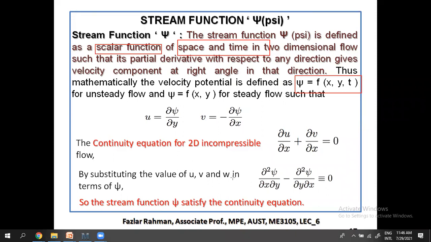So that means the stream function will be a function of either x, y, and t, or y, z, and t, or x, z, and t. And if it's steady, then it will be a function of x, y only. So that's why it says the stream function is defined as a scalar function of space and time in two-dimensional flow, not three-dimensional flow.